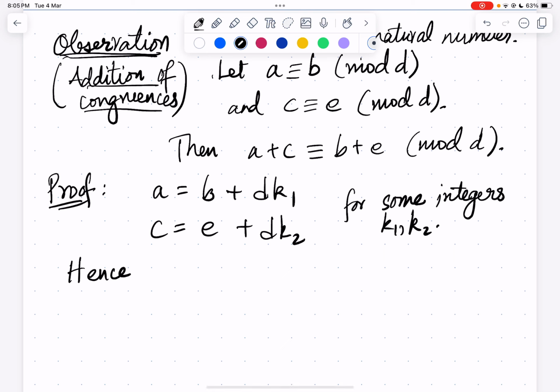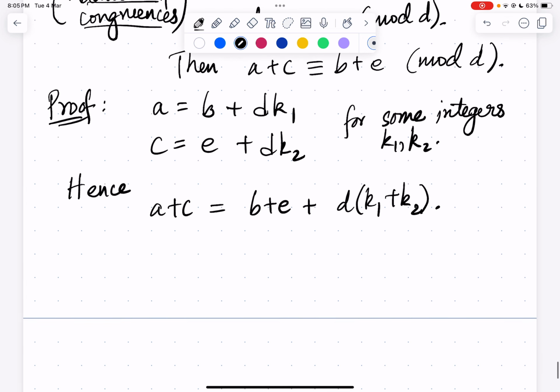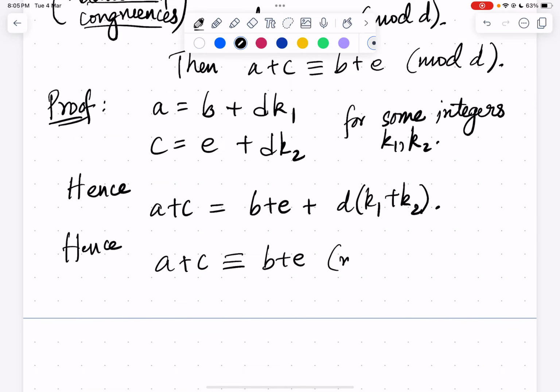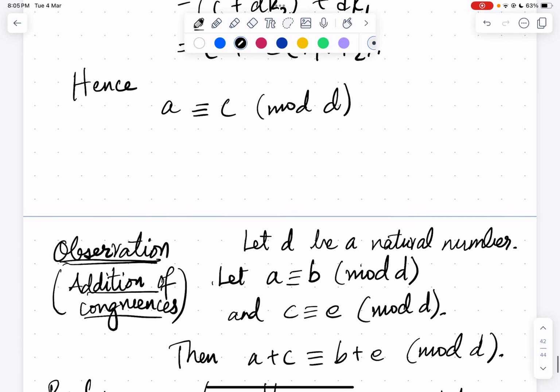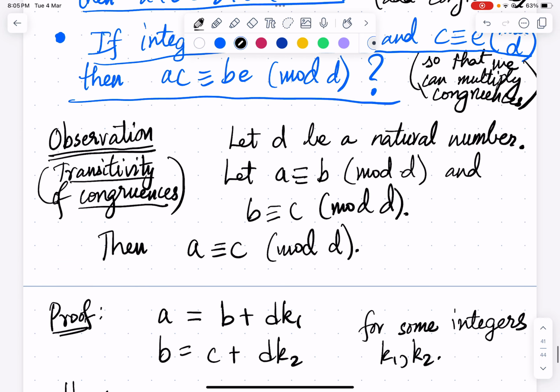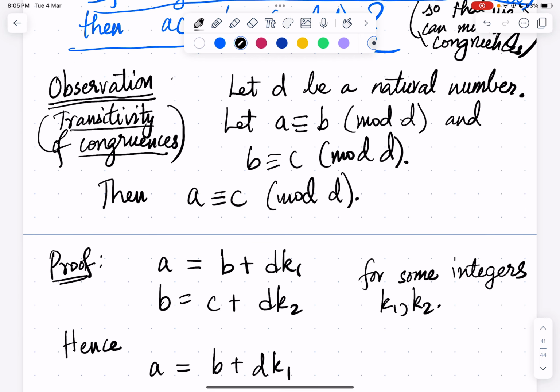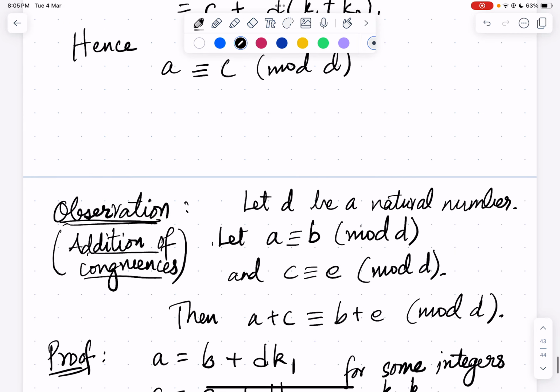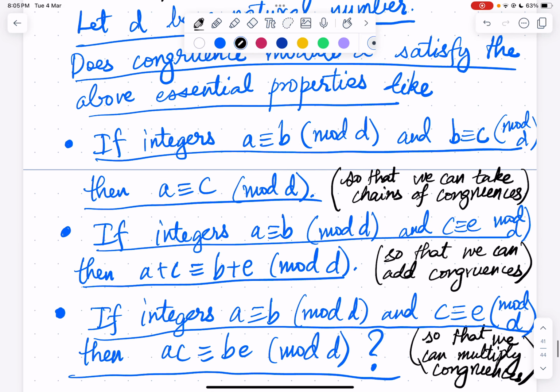Hence A plus C is equal to B plus E plus D times k1 plus k2. Hence A plus C is congruent to B plus E mod D. Okay, so we can add congruences. So we have transitivity of congruences.